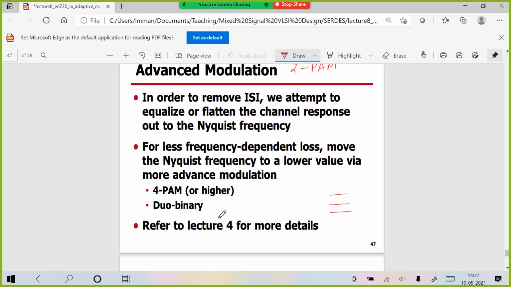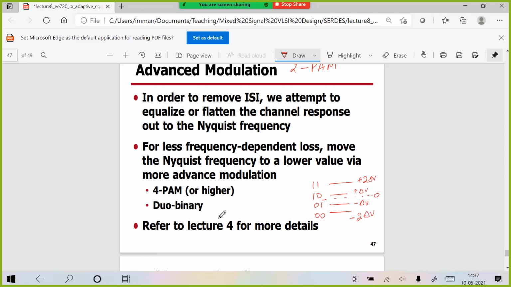Okay, so the data is encoded as, let's say 00, 01, 10 and 11. All right, so let us say this is differential, so let's say this is plus delta V, minus delta V, plus 2 delta V, minus 2 delta V. Okay, so this is the way that you encode the data.